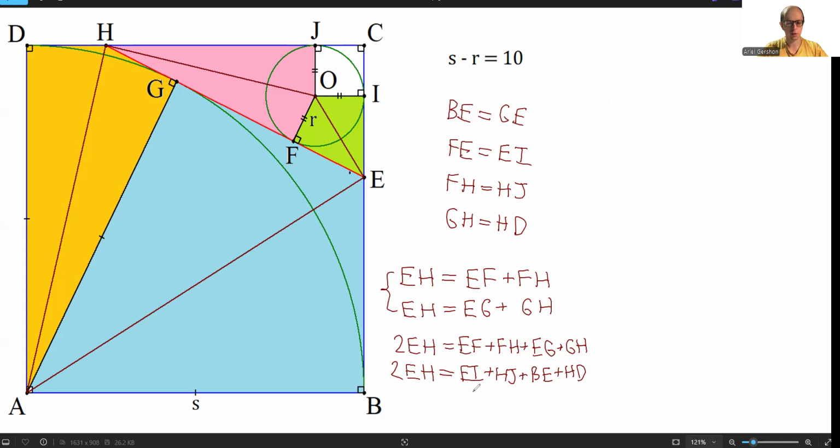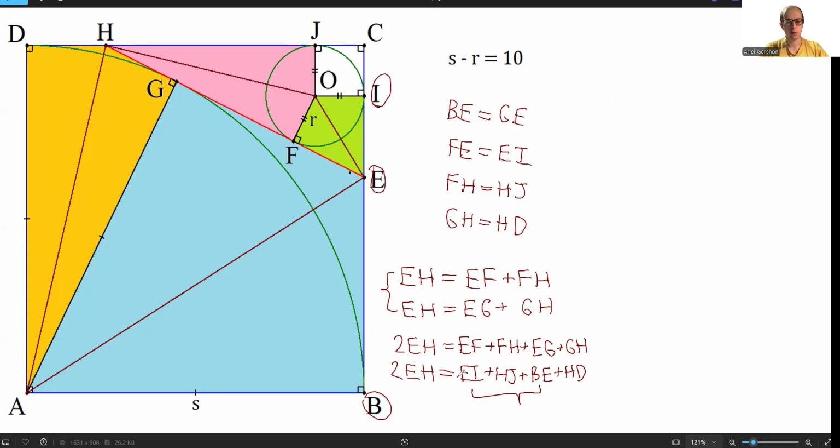And now look what we have here. We have EI and BE. Now the points, or the vertices, B, E and I are all collinear, as you can see here.